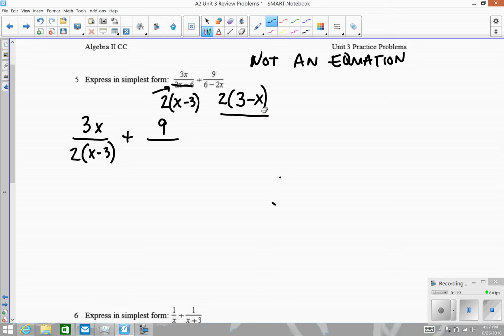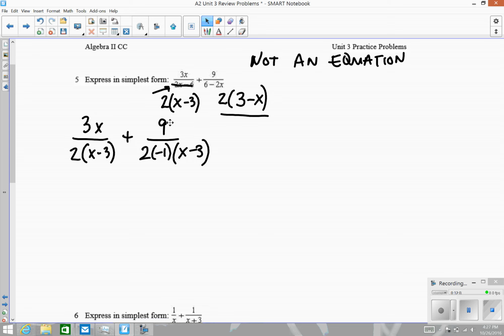But if I take that 3 minus x and I factor out a -1, then I'm really going to have 2 times a -1, and then my binomial becomes x minus 3. So, looks like I have close denominators, but I have this extra -1 in my second fraction here.